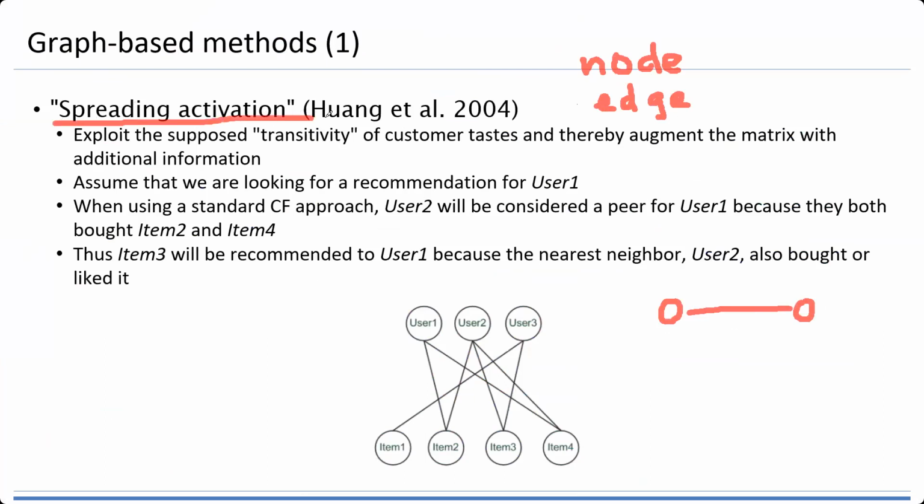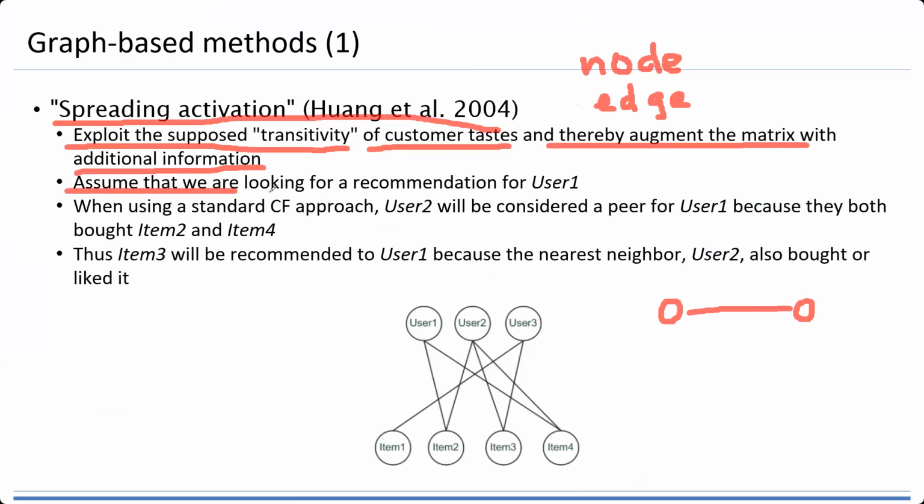This is based on spreading activation. What is this? We want to exploit the supposed transitivity of customer taste and thereby augment the matrix with additional information.